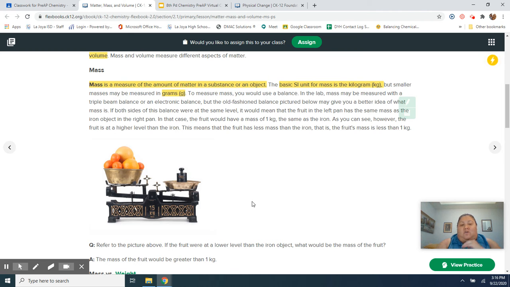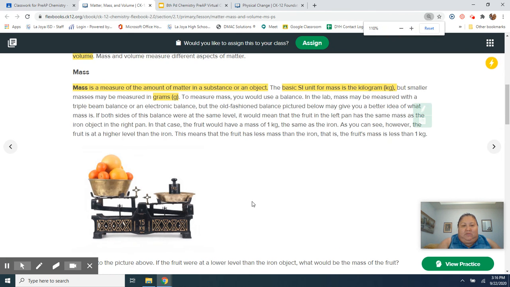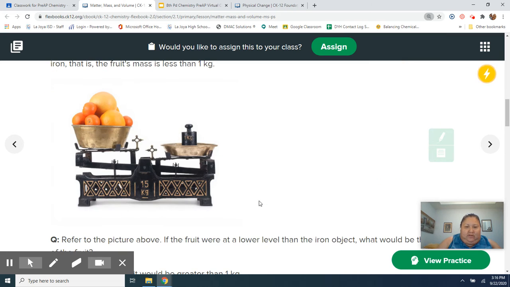Here you have an even older type of balance. If I zoom in a little bit, you can see that this little knob has a point. That point is supposed to line up with the other point if they are of equal weight. In this case, they're unequal because one weighs more than the other.